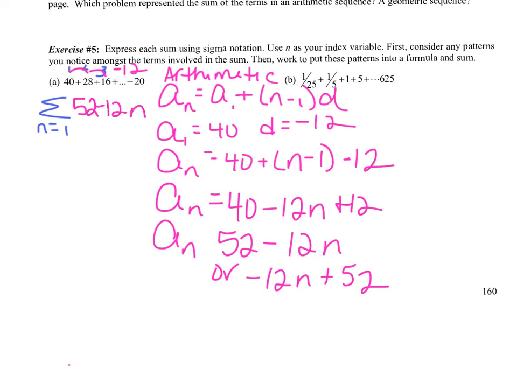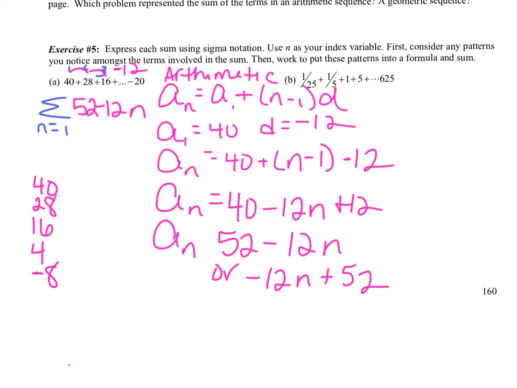Now the last part that we need is what goes on the top there. Well, you can do it two ways. I can continue the pattern and hope that it's not such a high number. So I would go 28, 16, 4. When I subtract another 12 from that, I get negative 8.